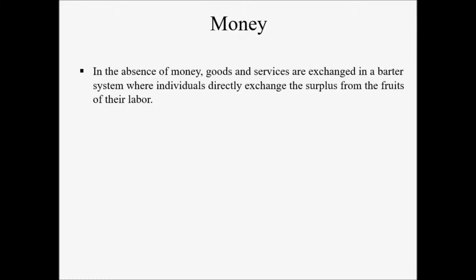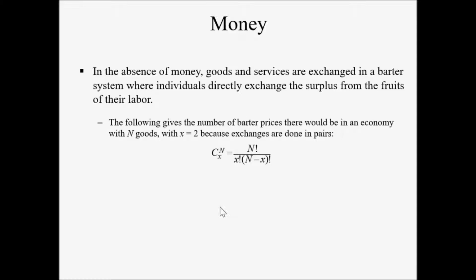or haircuts. The equation, which is the combinations rule in a business stats class, is used to compute the number of prices needed for an n-good economy. Now, x here is going to be equal to 2 because a guy with potatoes needs a horse, and he finds a horse owner that needs potatoes.